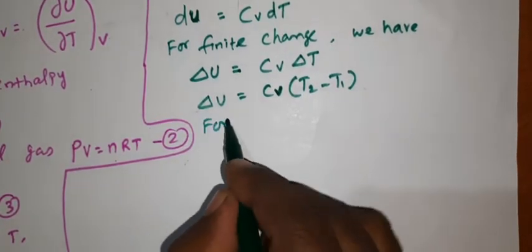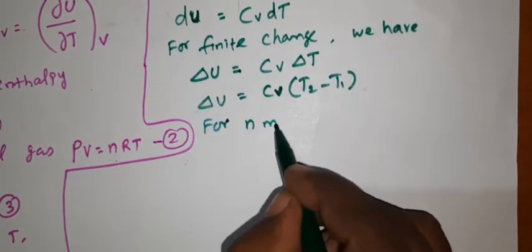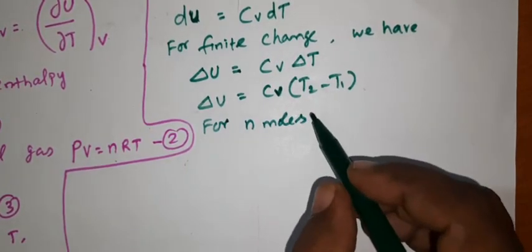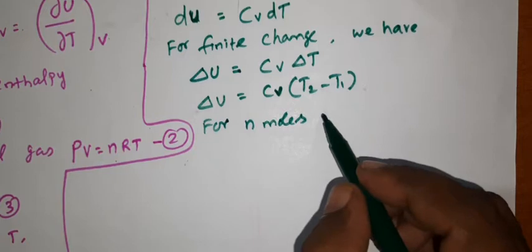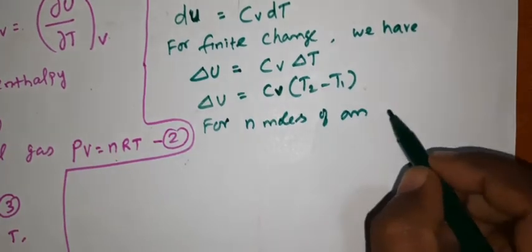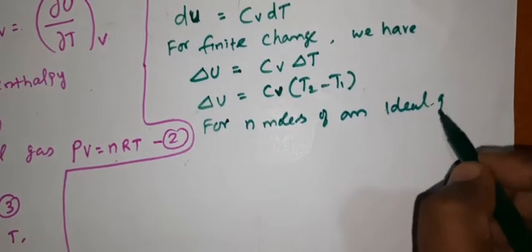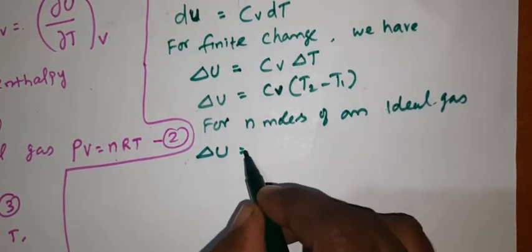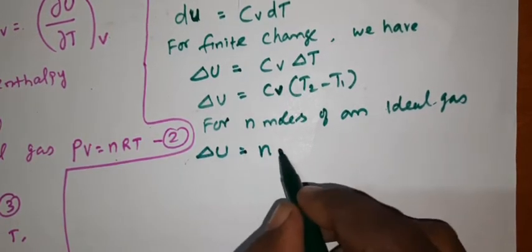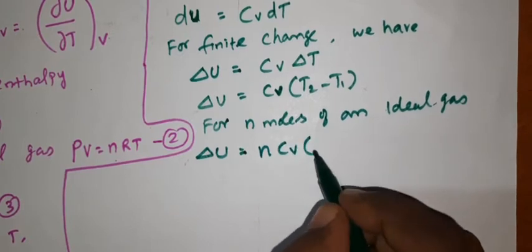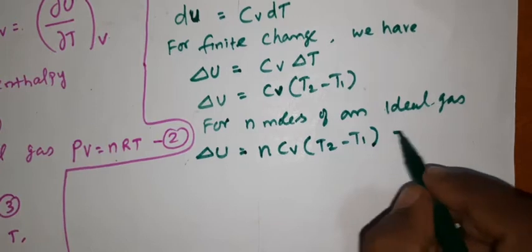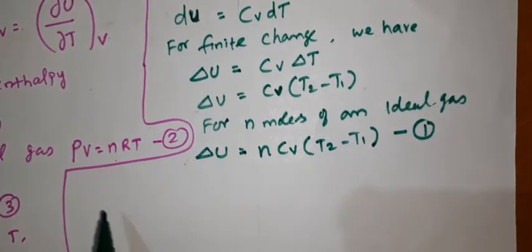Now, this is all for 1 mole. We are going to write for n moles of an ideal gas: delta U equals n Cv into T2 minus T1. Keep this as equation 1.